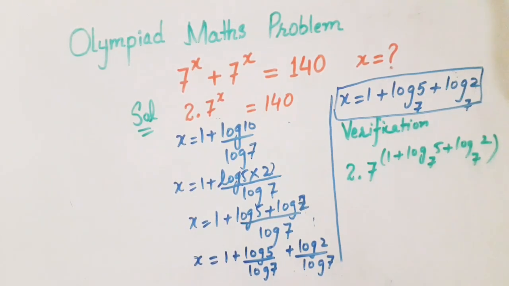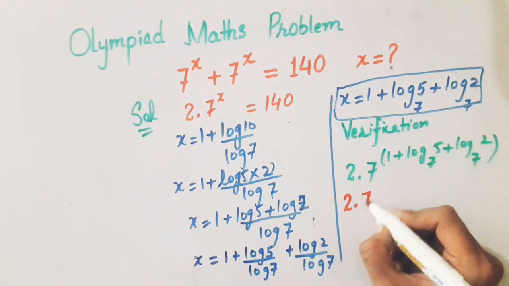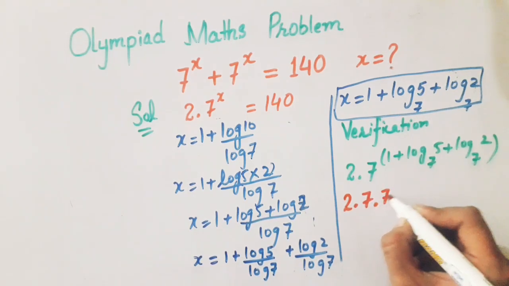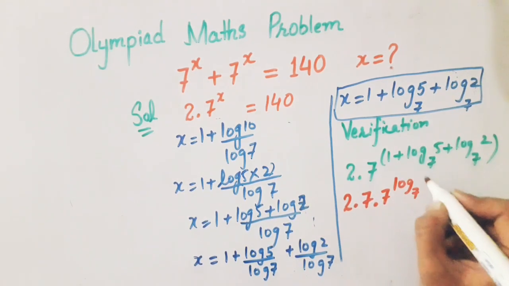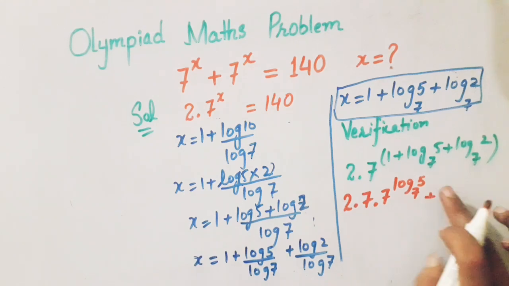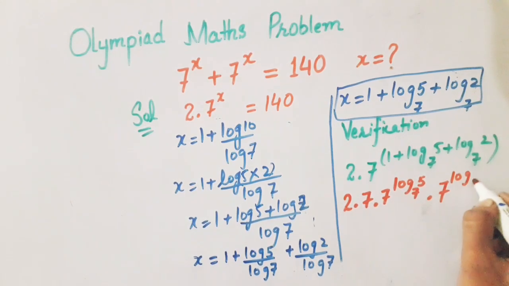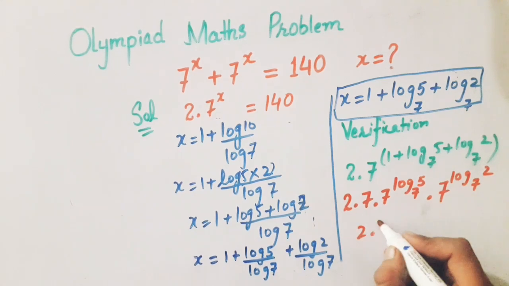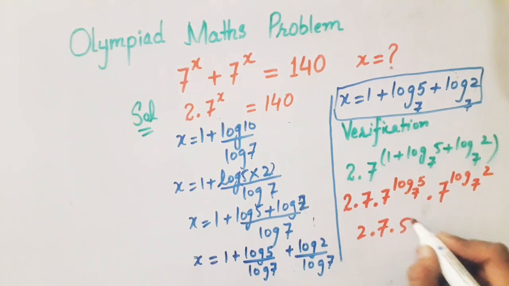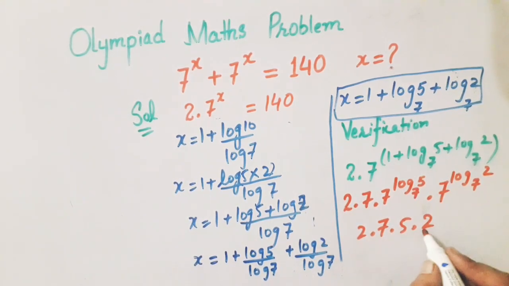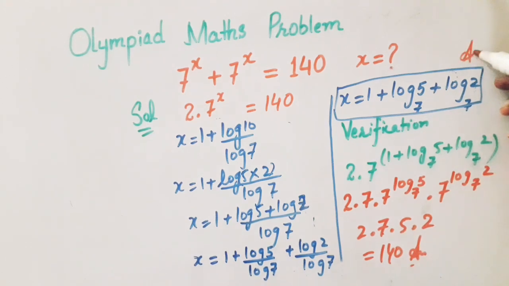So it will become, split the power: 2 times 7 into 7 raised to log base 7 of 5 multiplied by 7 raised to log base 7 of 2. So it will become 2 multiply 7 multiply 5 multiply 2. So 5 twos are 10, 10 sevens are 70, 70 twos are 140. So it means this is our right answer.